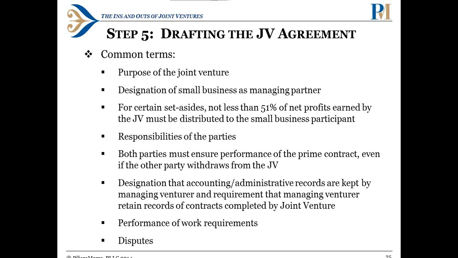You do have to designate that accounting administrative records are kept by the managing venture and require that the managing venture retain records of contracts completed by the joint venture. Of course, your other partner can have copies of them, but these are generally the requirements under a lot of the status-specific set-aside programs.